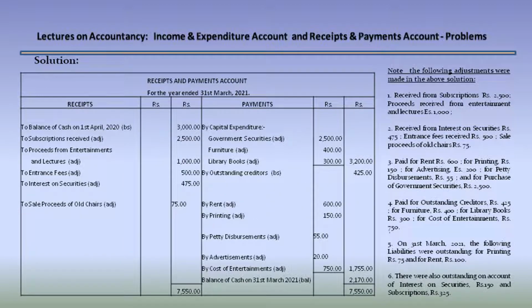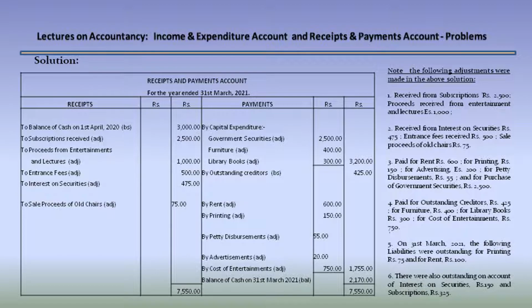Here on the right side, the transactions and adjustments are given for reference. On the left side, the receipts and payments account solution is available. Let me explain how it has been prepared for the year ended 31st March 2021. On the receipt side, to balance of cash at 1st April 2020 from the balance sheet 3,000 rupees.